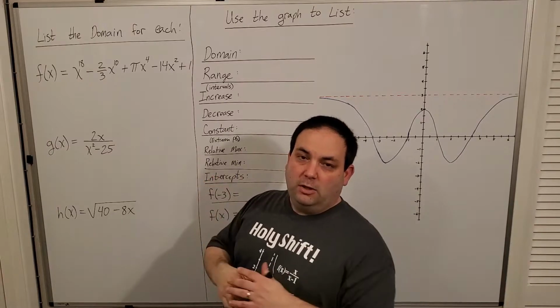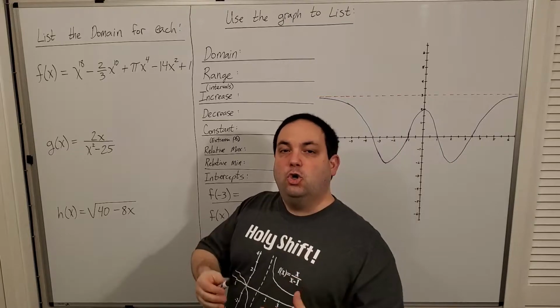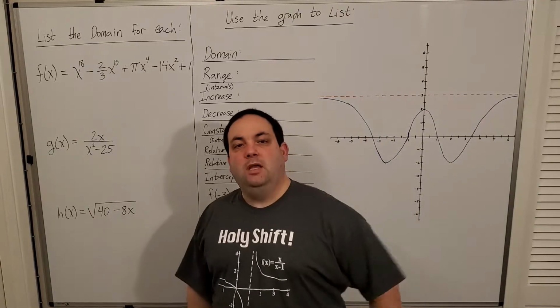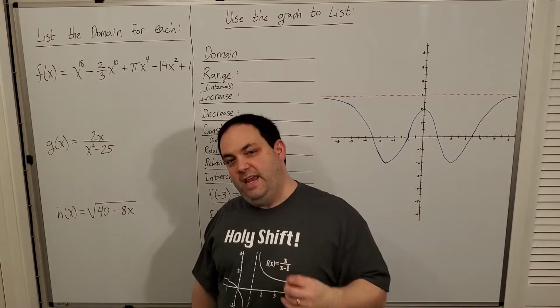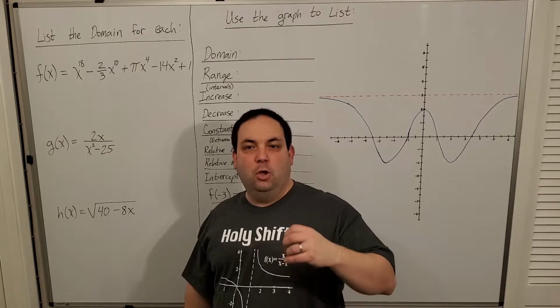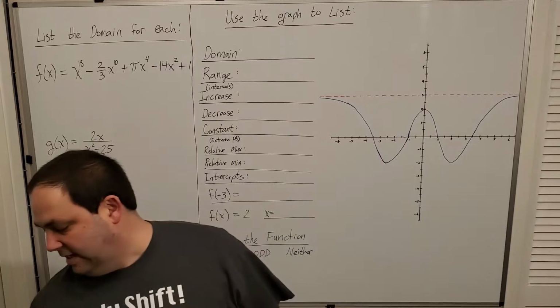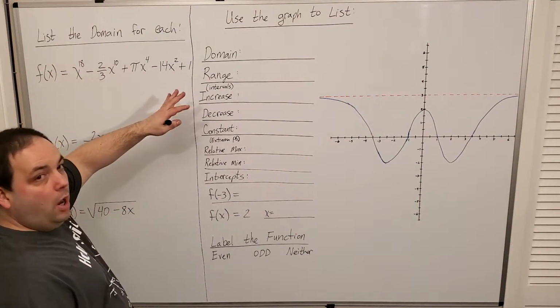Remember, what you have to look for at this point is just a few different things that could go wrong. Really, when you're listing the domain for something, what someone would be interested in is, where is this thing going to fail? What x values would blow this function up? Okay, so in this case, if you look at the top guy here, there are absolutely no problems like that.